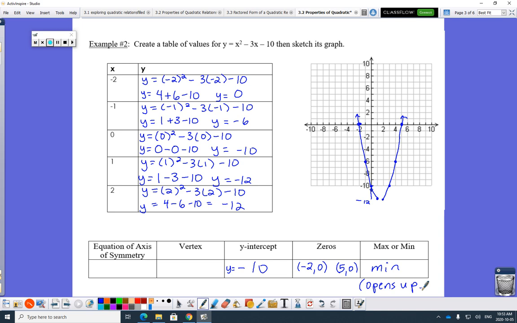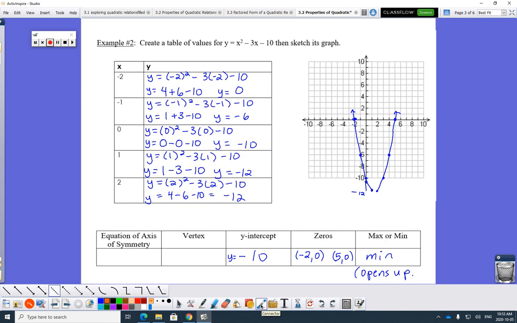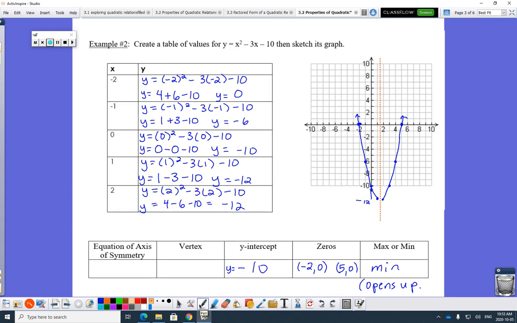So how do we figure out the vertex? It's unfortunate that this one doesn't have the negative 12, but you can kind of see where it's going to go. So I'm going to use the dotted line again. But let's say I don't want to eyeball, okay?